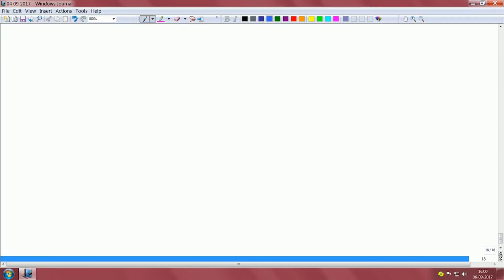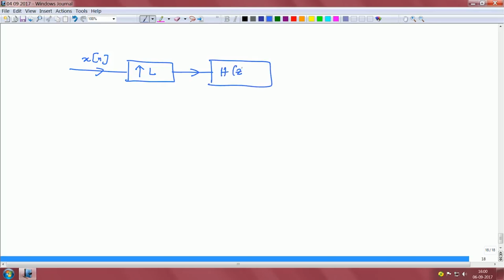If you have a discrete time signal here, you upsample this first with a rate L, and then you have this filter H(z) that operates on the upsampled signal. At this stage it is basically y_e(n), E standing for expansion.